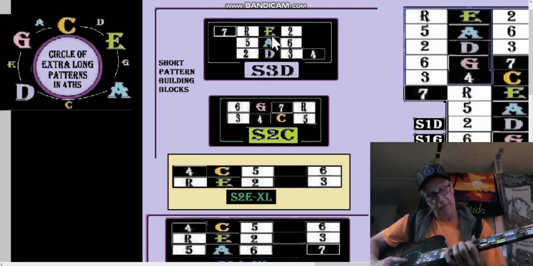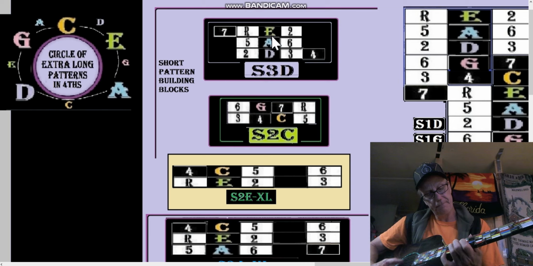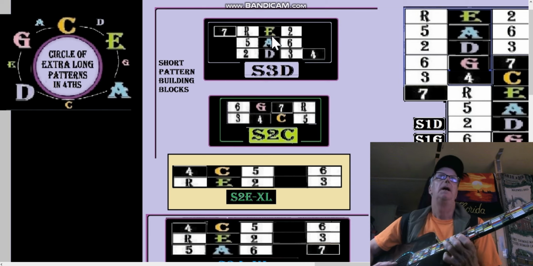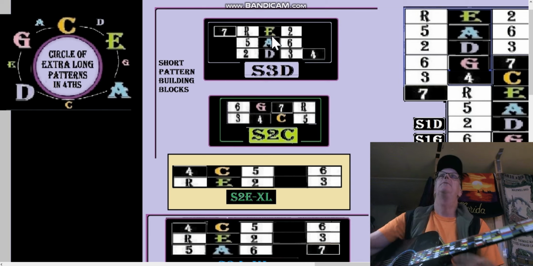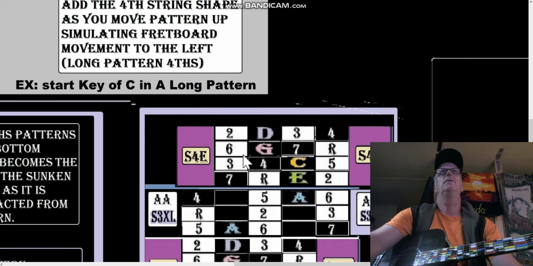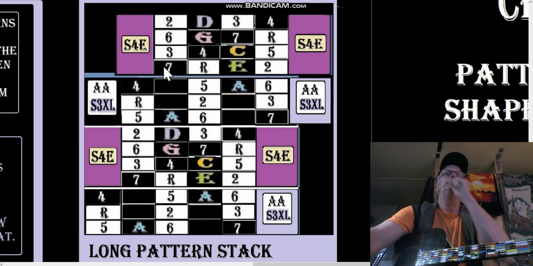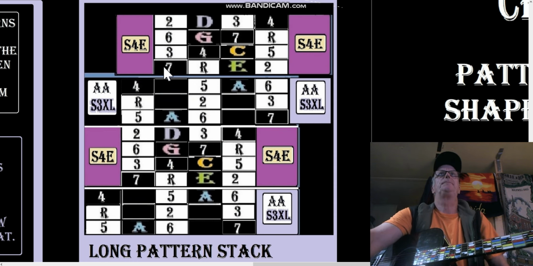So we're going to do this 5-6 and then 7 root 2 for our E shape. And from there we can do an S4E, like real easily. Sorry. So here's our 5-6, 7 root 2. It's just like the other pattern except we don't have the 4.